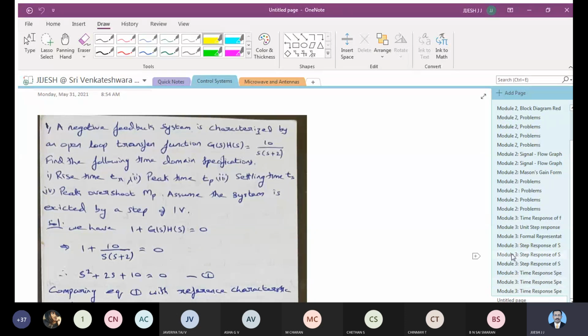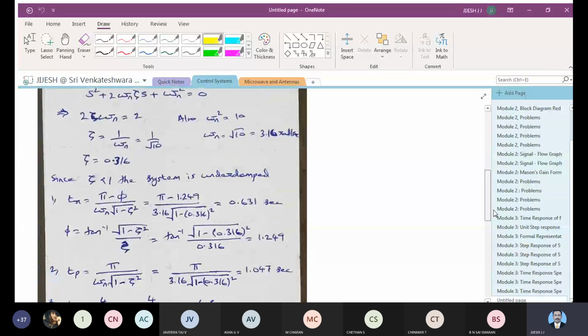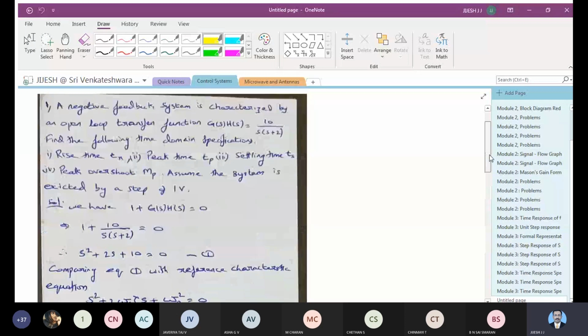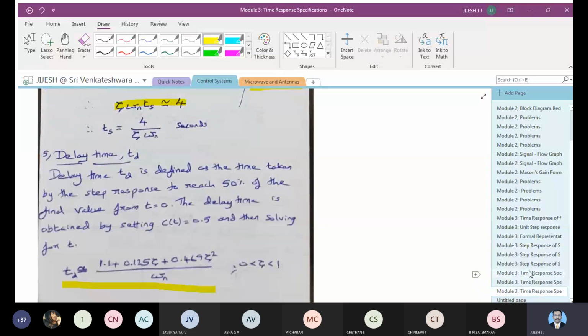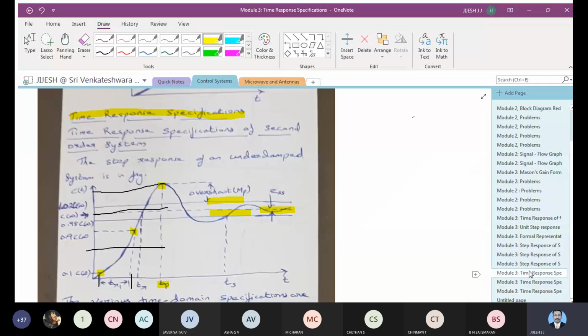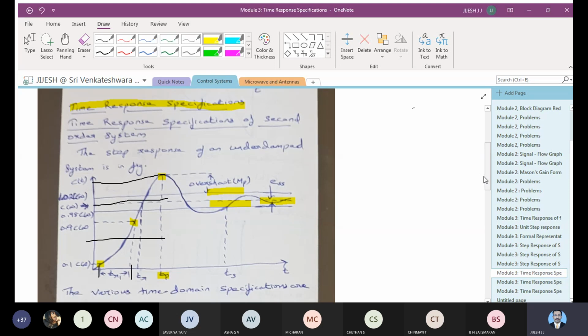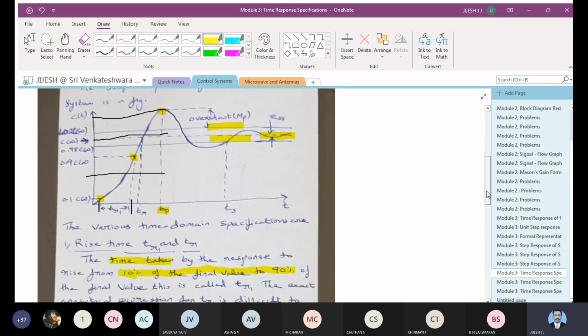I will brief you on these things first, and then we will move on to the problem. We'll do that problem most probably in the next class. I'll just explain the time response in 2 minutes. You can just go through this. The time response specifications we have studied.